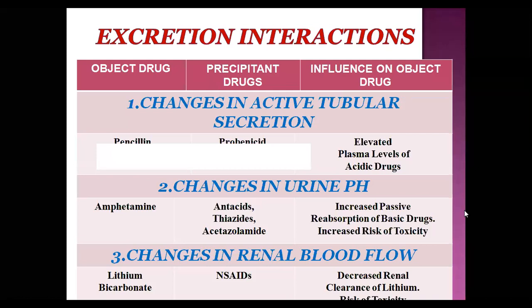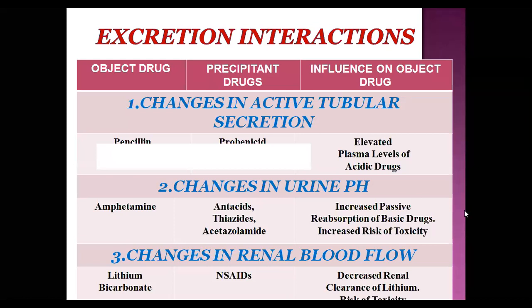Third mechanism of excretion interaction is a change in the renal blood flow. For example, lithium bicarbonate is the object drug. When given along with NSAIDs, there is a decrease in renal clearance of the lithium, which is the major cause of renal toxicity.